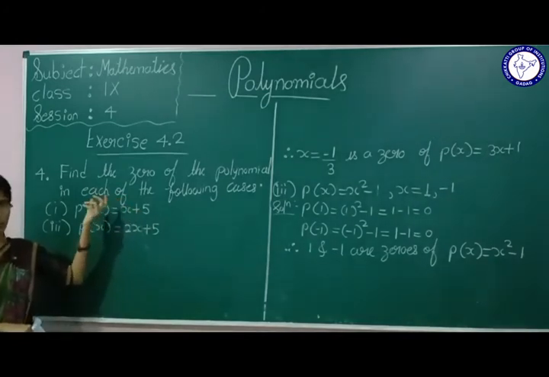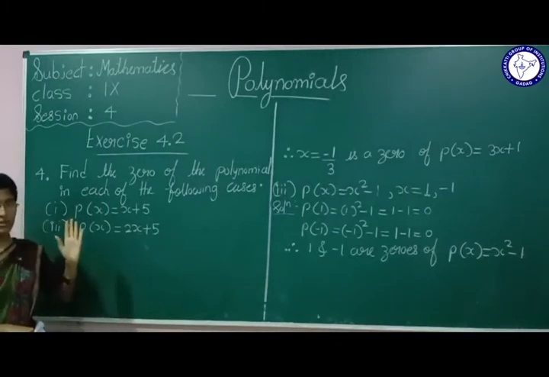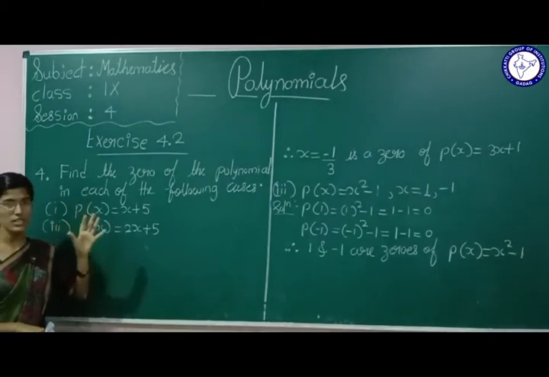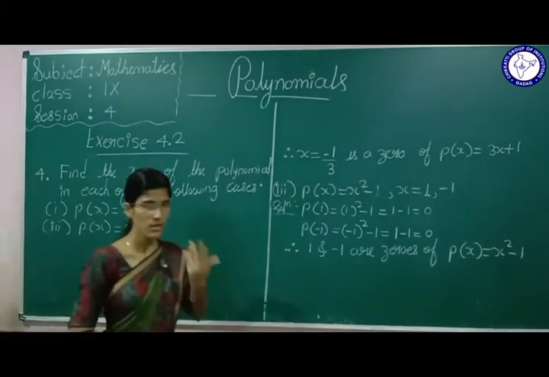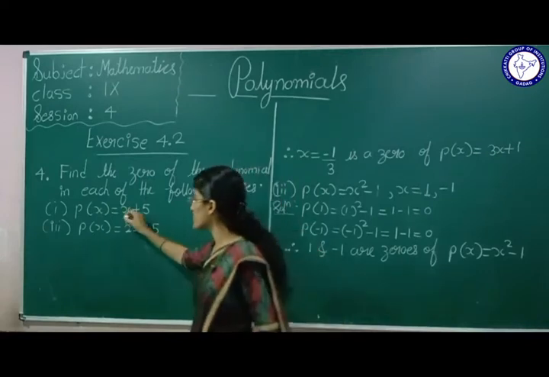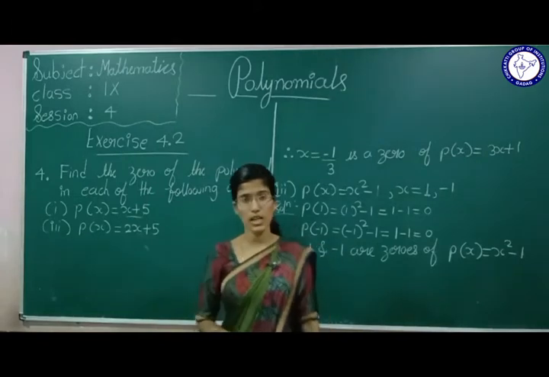Whatever value of x we get, if you substitute that value here, definitely that is a zero of the polynomial. Once more I am telling you, equate this polynomial with 0 and definitely we are going to get the answer.